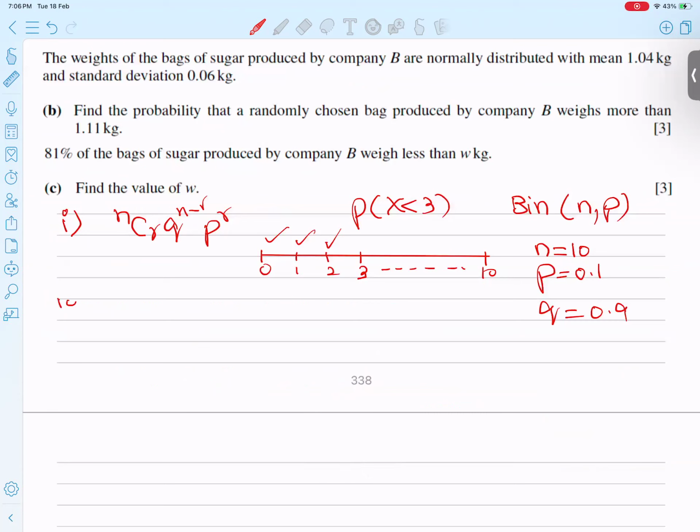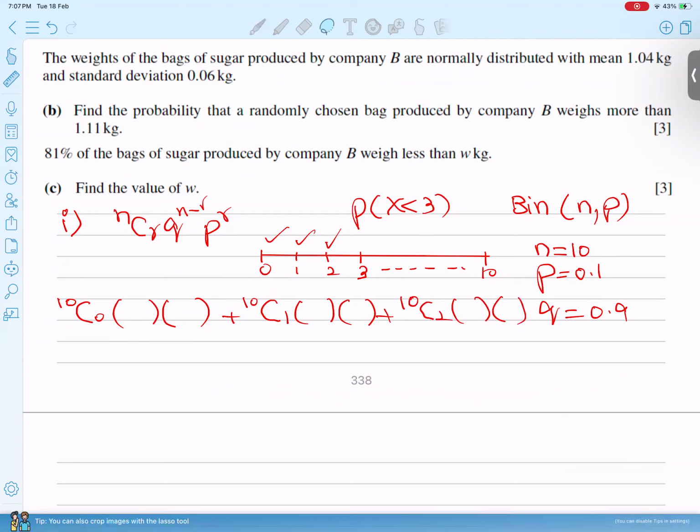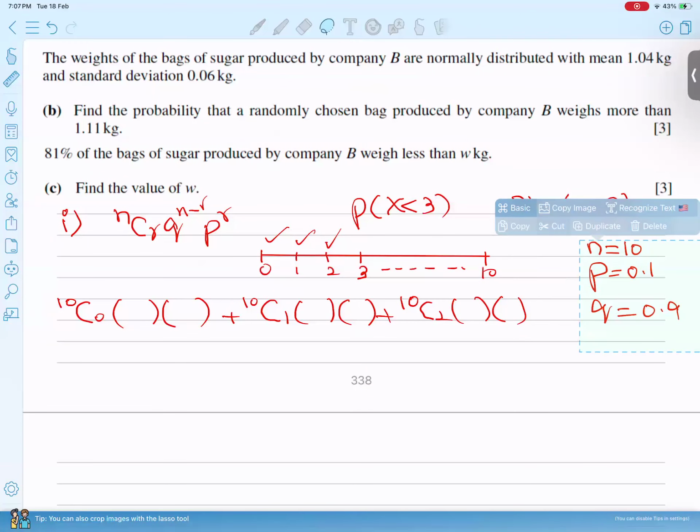So let's apply. First formula 10C0, so I talk about 0. Then I will apply this formula 10C1, and afterwards 10C2. I believe this part is very clear, nothing hard to understand.